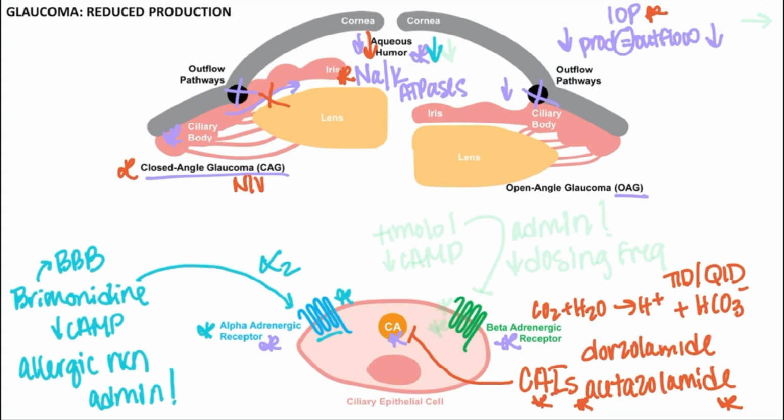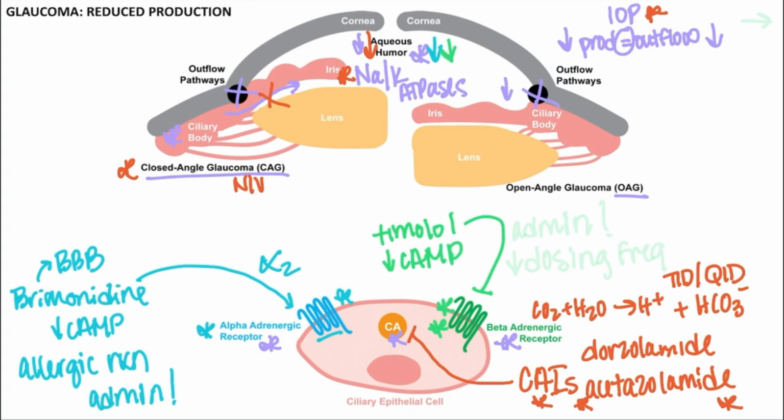Our last group of agents on the slide will be our beta-adrenergic antagonists, like timolol, for example. Again, these are going to be given topically, and these agents will bind and block the beta receptors, either non-selectively or through beta-1 receptor selectivity, and prevent them from binding endogenous agonists, and through similar secondary messenger alterations as our alpha-2 agonists will lead to a reduction in aqueous humor production.